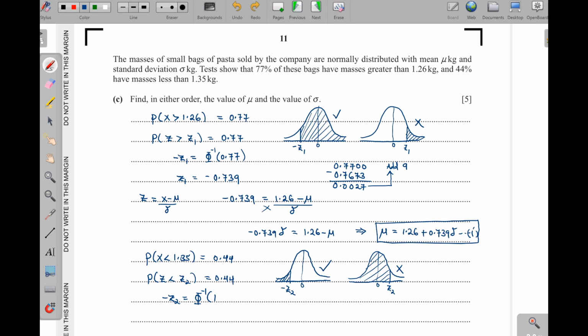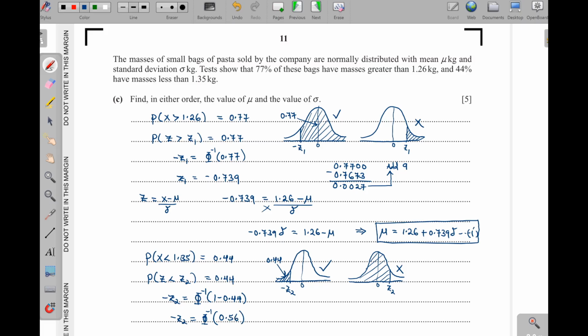So if this is the 0.44, by the way, the whole of this is 1, then minus the 0.44, so that I get the bigger value that I can get from the table. So negative z2 is equal to the phi inverse of 0.56, yes.